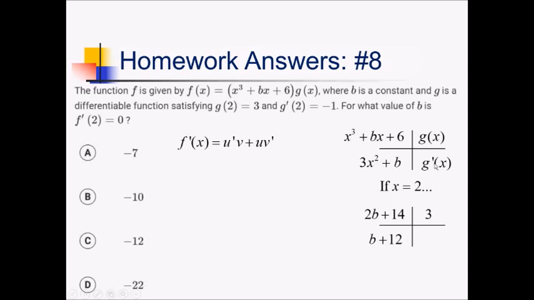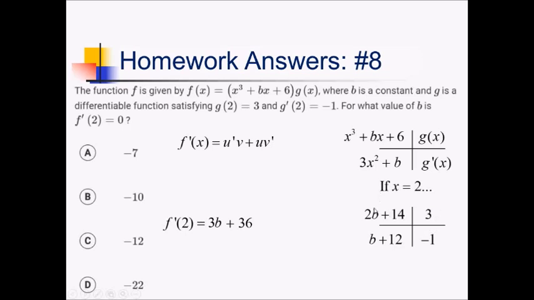And then finally, g prime of 2 they told us is negative 1. So multiplying all this out, we've got b plus 12 times 3, or 3b plus 36, if I multiply that out. And then going the other way here, we're just multiplying 2b plus 14 times negative 1.